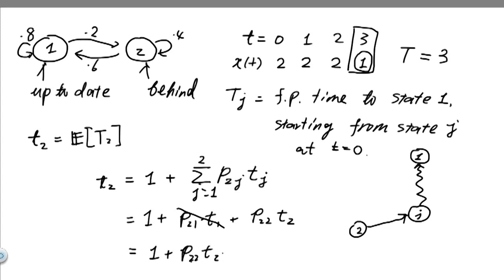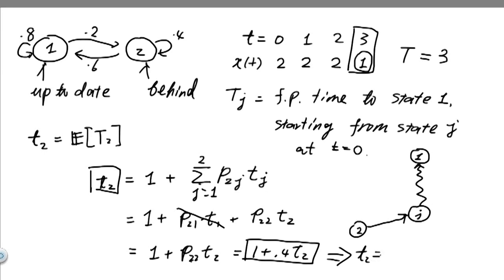If we plug in the number for P22, which is 0.4, we get 1 plus 0.4 T2. We started from T2, and we ended up with another expression involving numbers and only one unknown, which is T2. Combining this together and solving for T2, we get T2 equals 1 divided by 1 minus 0.4, which is 5/3. And that is the answer for the first part of the problem.